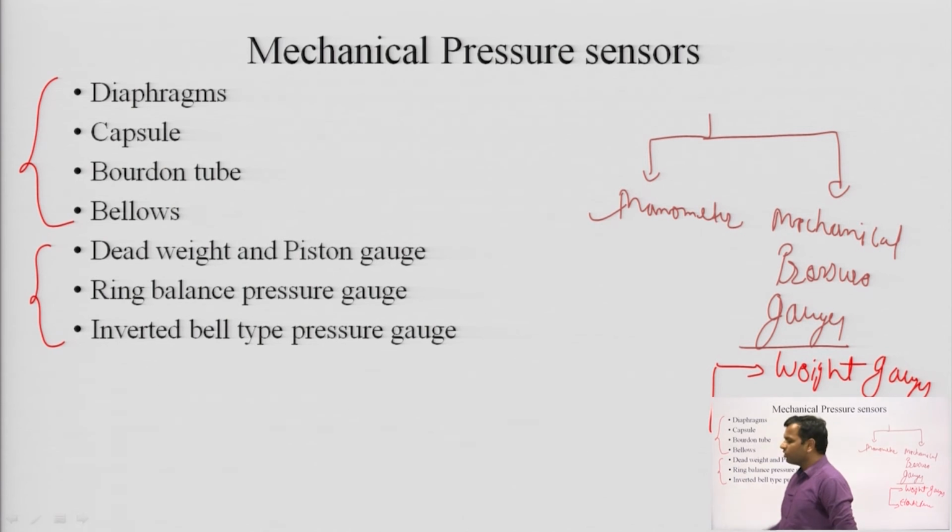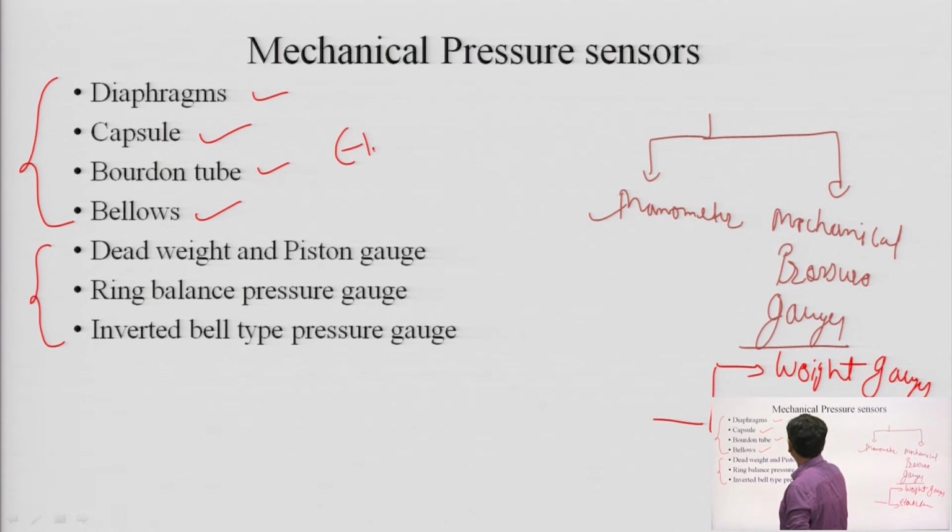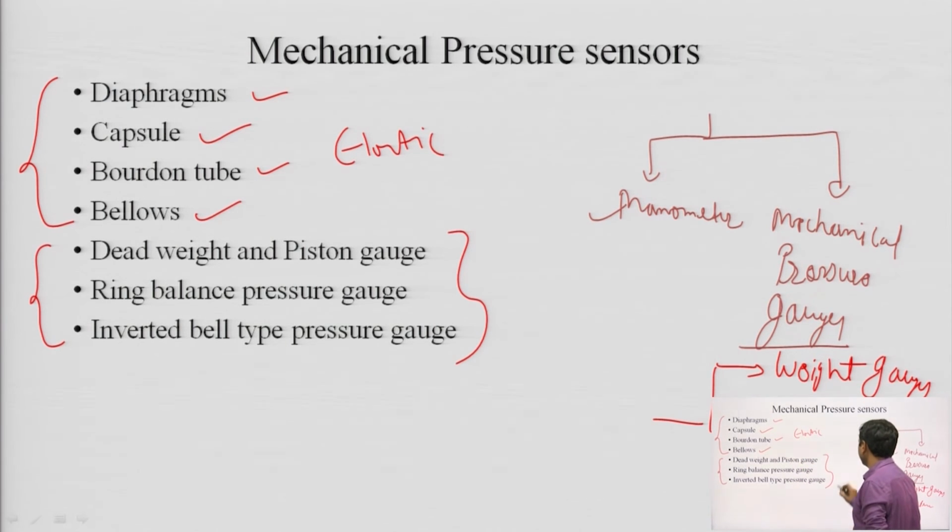We are going to see that one by one. So, this is all about the mechanical pressure sensor, and we need to understand all those types of mechanical pressure sensors. The diaphragm, capsule, Bourdon tube and bellows come under the category of elastic pressure sensor, and all 3 of the others come under the category of wet gauges.